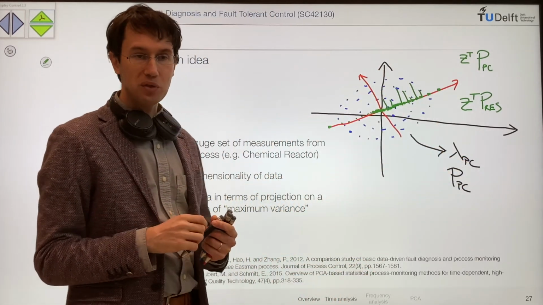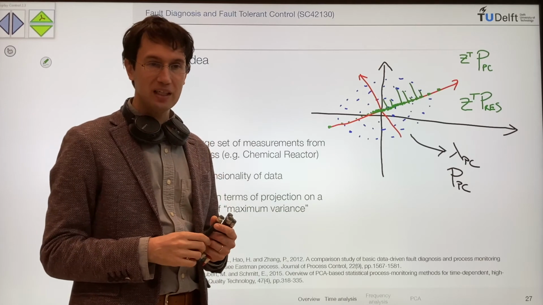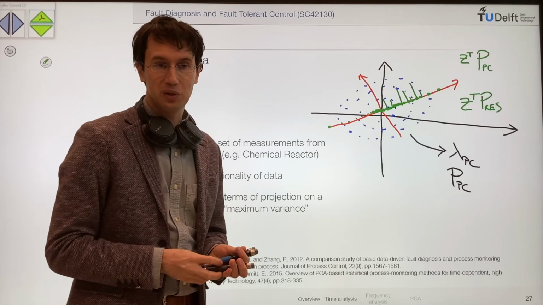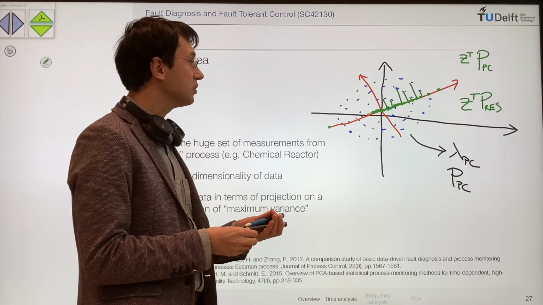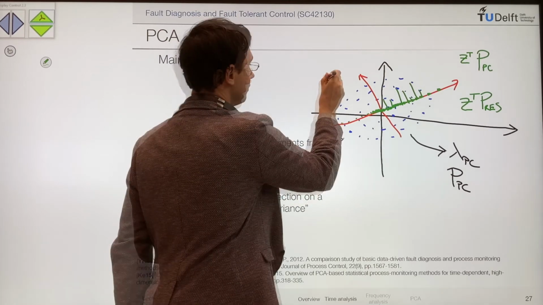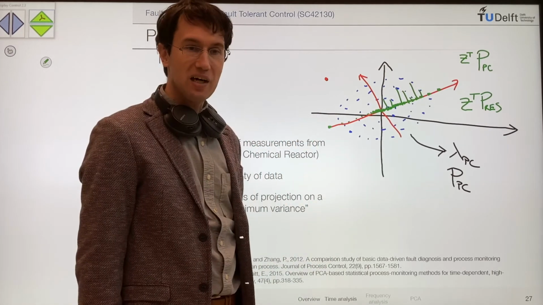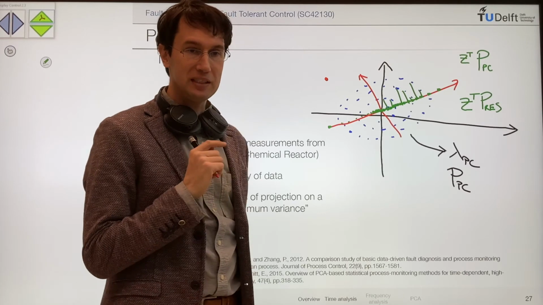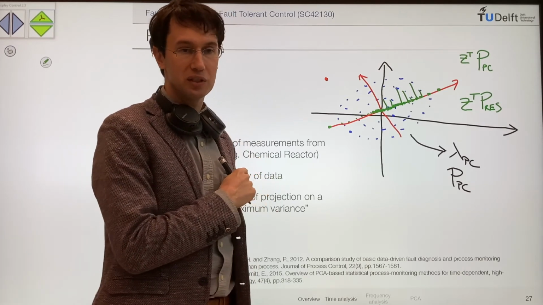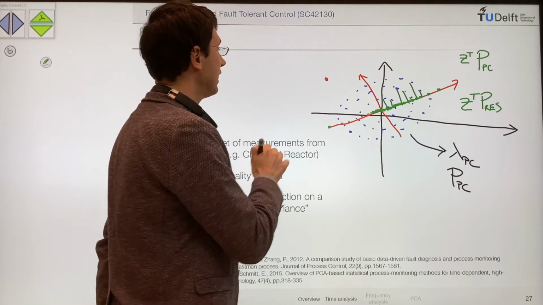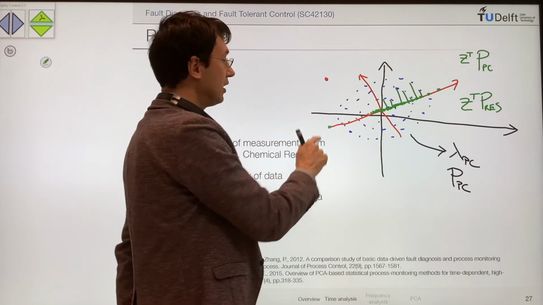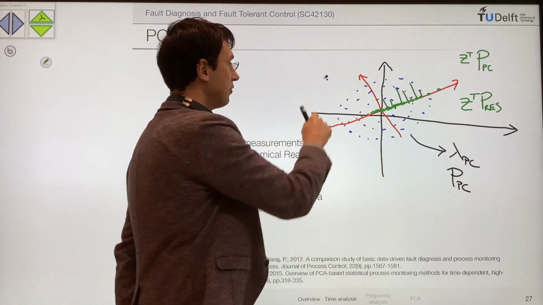But then, when you want to detect a fault, you are taking a new sample that is from operating conditions. So this new sample, for instance, can be here. So this is now the sample, the data that you use for implementing the test we have just introduced. So when you compute the Q statistic or the t-squared statistic, you are computing on new samples that you are getting in operating conditions.